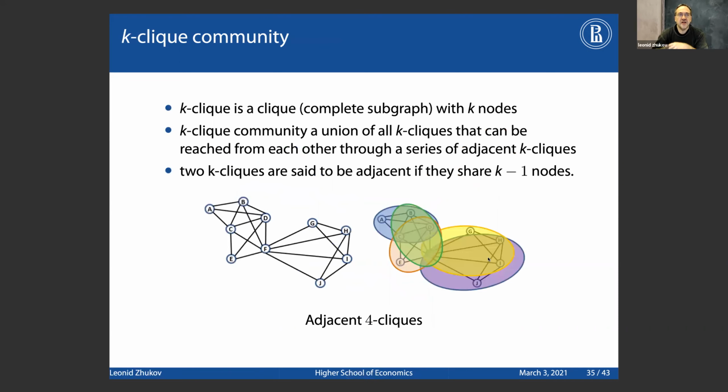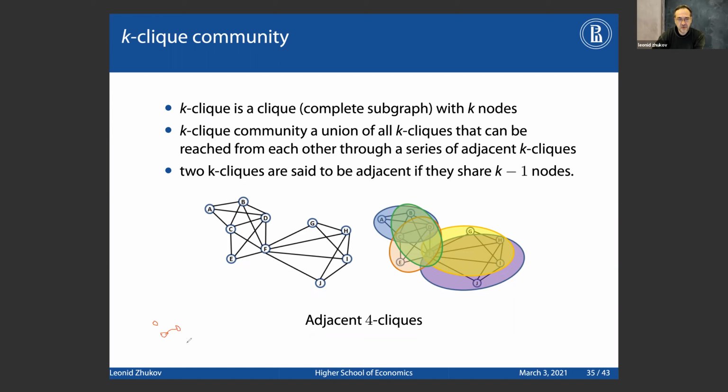The algorithm is called K-clique community detection. The idea is to use cliques, or complete subgraphs. A K-clique is a complete subgraph with K nodes. Just to remind you, one node is a complete subgraph.